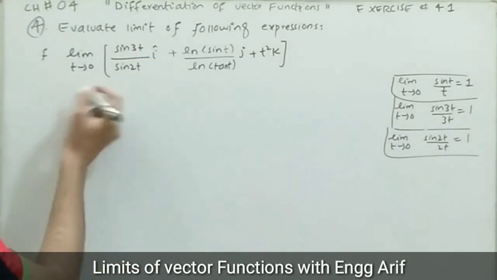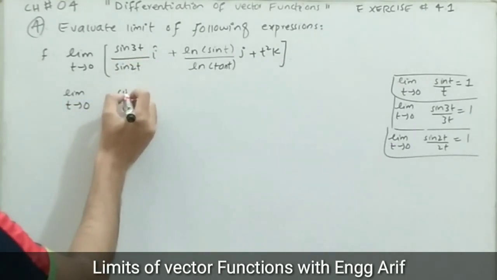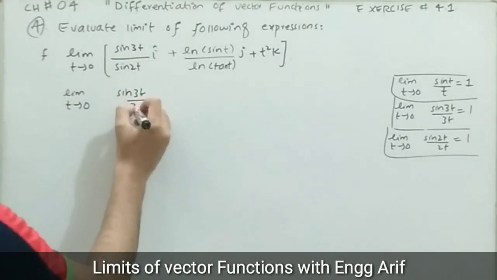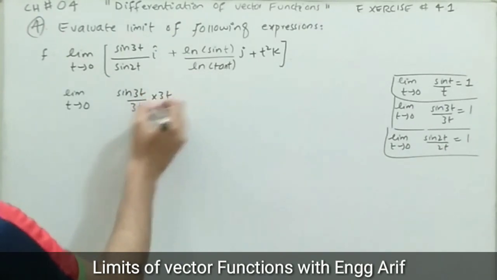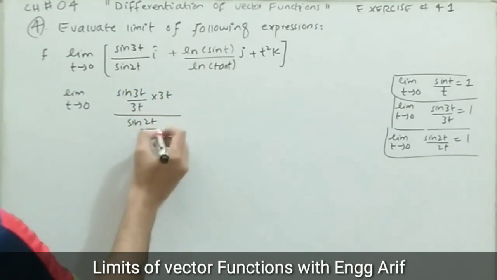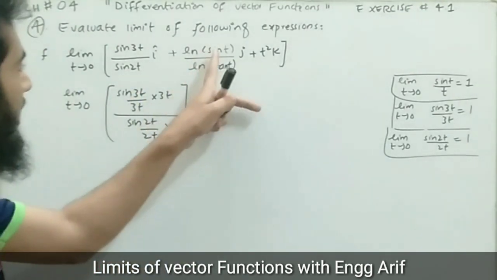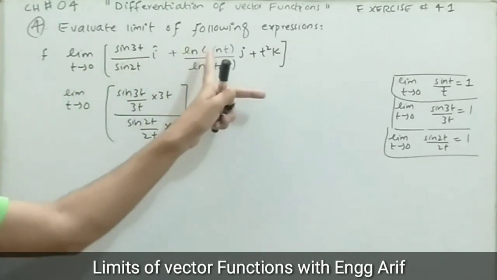I will use this property to solve this vector function. So I can write it as the limit as t approaches 0 of sin 3t. I will multiply and divide by 3t over here in the numerator, and also apply the same logic in the denominator. Over here we have 2t, so multiply and divide by 2t. Now after this, over here if I put 0, it gives us 0 by 0 again.